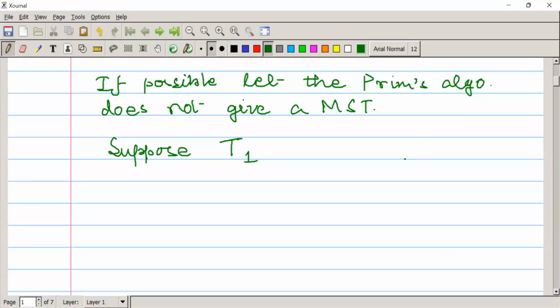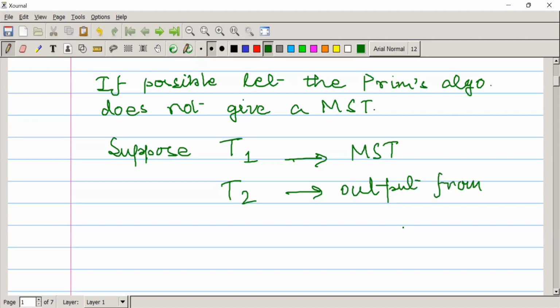Now we prove that the algorithm indeed gives a minimum spanning tree. We have seen that the algorithm gives a spanning tree, and now we want to prove that it is indeed a minimum spanning tree. So suppose T1 be a minimum spanning tree and T2 is the output from Prim's algorithm.